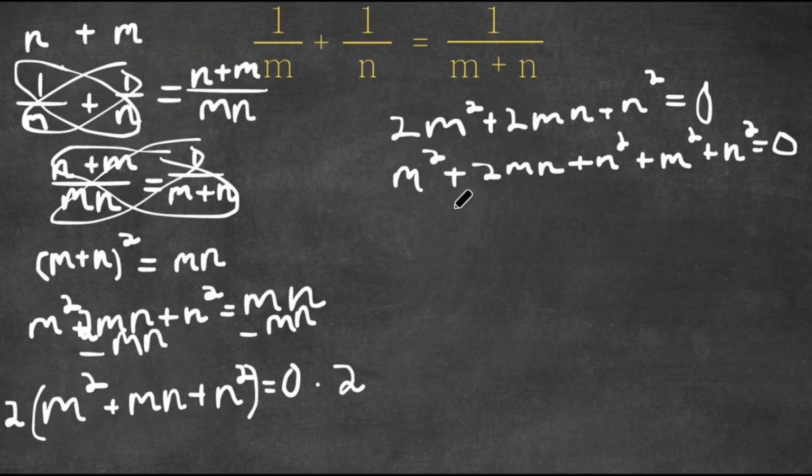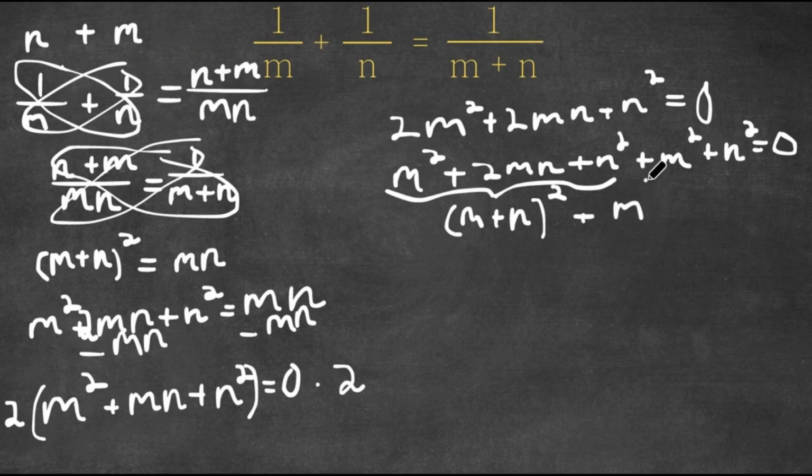Now this would be m plus n squared, this part right here. So now we have m plus n squared plus m squared plus n squared, and this is equal to 0.